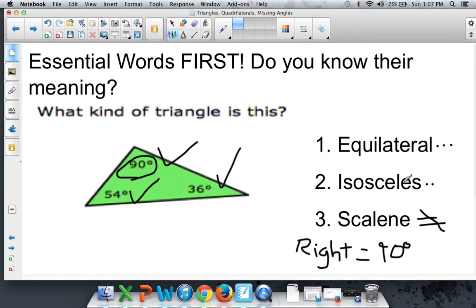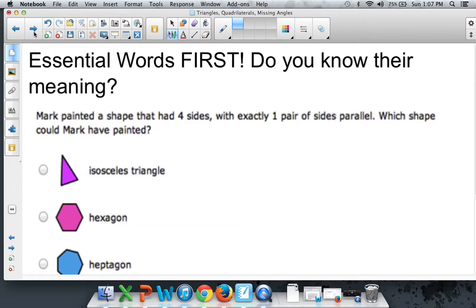They might also be isosceles, like if this is 90 and then this is 45 and that's 45, because they have 2 of the same. But either way, if you see that 90, one thing is for sure. It is a right triangle. Say it with me now. Right triangle. Thanks, guys. Let's move on.